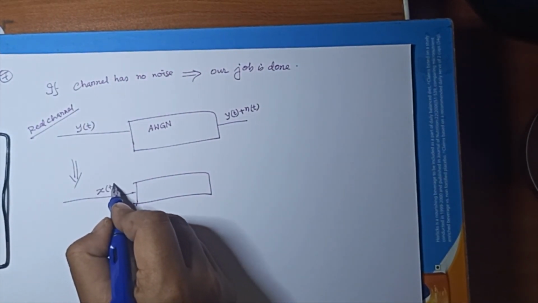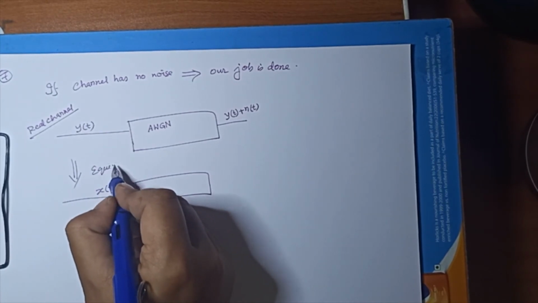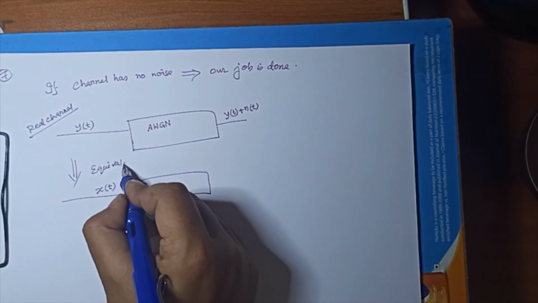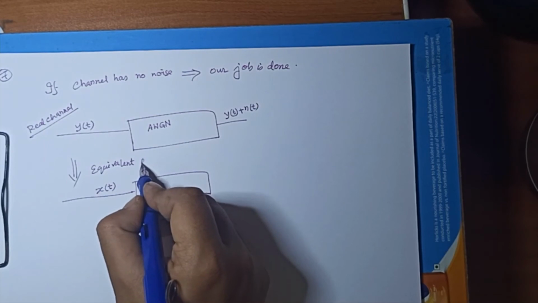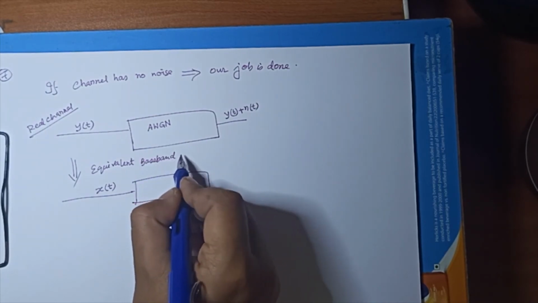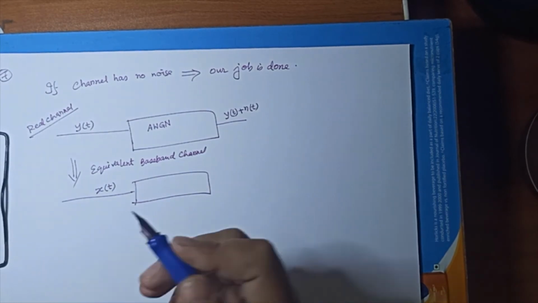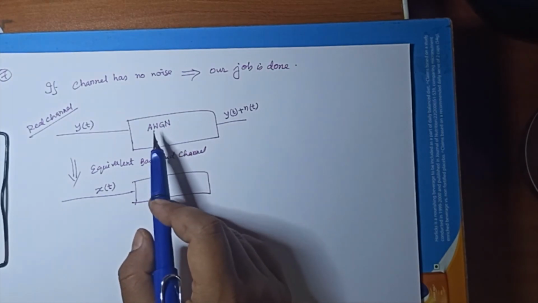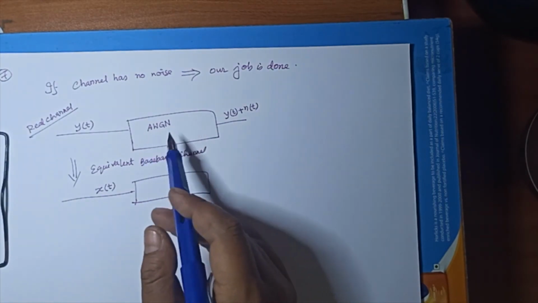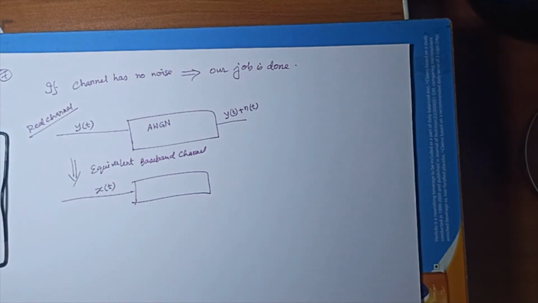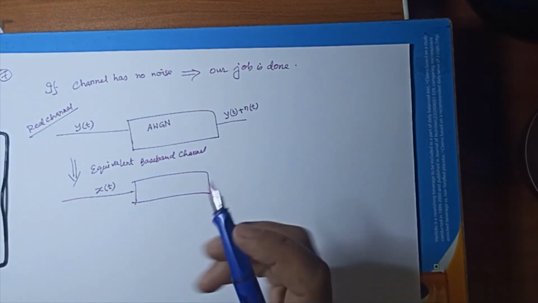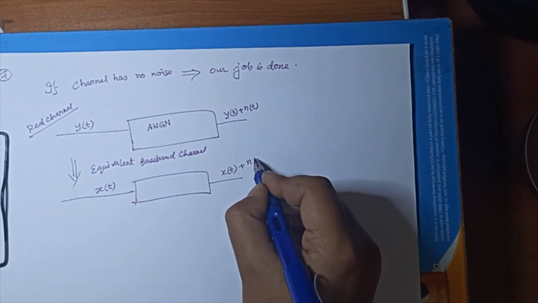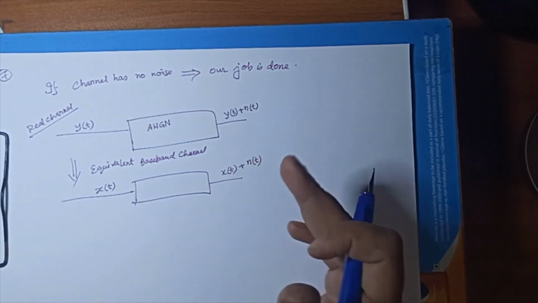And we can take the equivalent baseband approach over there, forgetting the baseband to passband and passband to baseband modulation, and we can work in that equivalent baseband channel. However, if it is not white, if it is some other kind of noise, say pink or some other kind of coloring, then this will not work. We have to do the proper transformation, but that will be a little beyond our scope. So for this it will have the same kind of behavior.